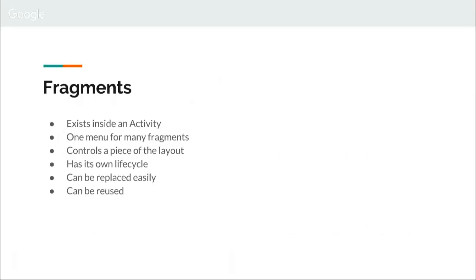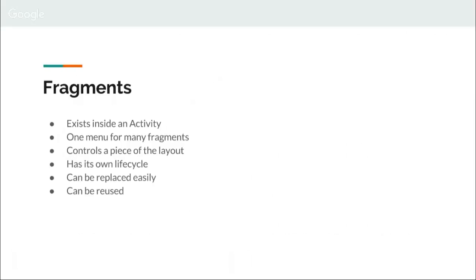A fragment controls a piece of the layout. This might not make much sense on a phone, right? The screens are very small and they can show too much content. But that's the thing, in large devices like tablets, there's a lot of space, so we can make use of that.